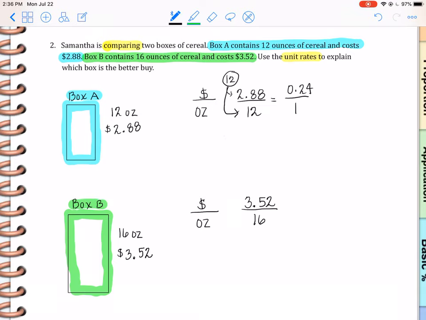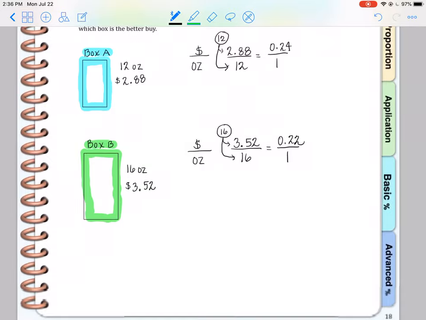If you like to shop at Sam's Club or Costco, this is a really good skill to know, because sometimes the bigger boxes are not a better buy. And it helps if you are able to figure out by the ounce or the pound or whatever, which is the better buy. Now in this case, it looks like the bigger box is a better deal.